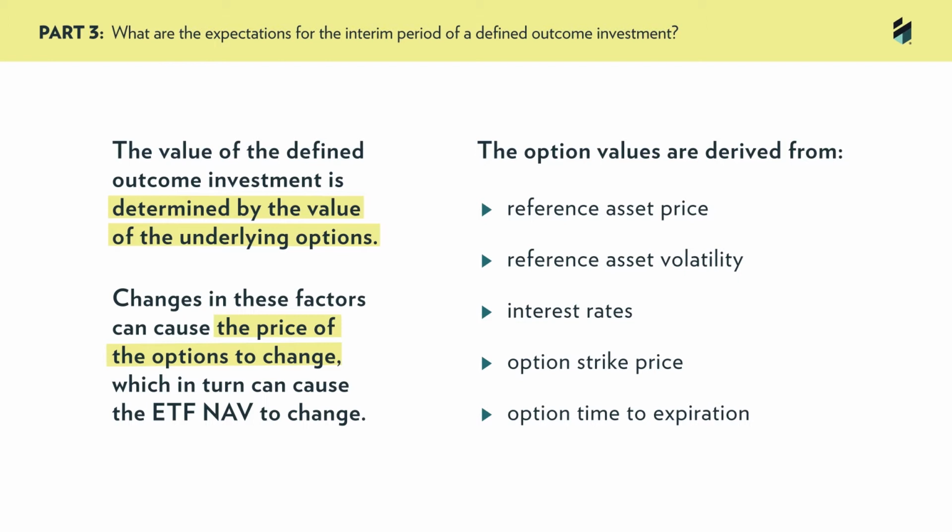The initial defined outcome cap and buffer levels are based on the NAV of the ETF at the beginning of the outcome period. Once the outcome period is underway, the ETF's NAV will move in accordance with the underlying options price, which means the price paid for the ETF determines the remaining defined outcome.